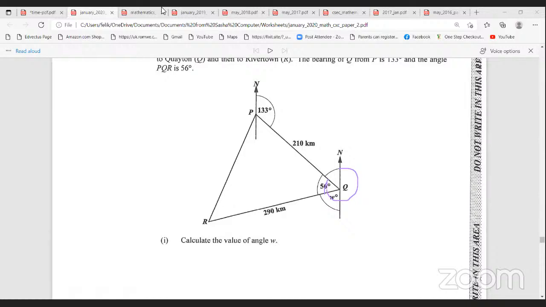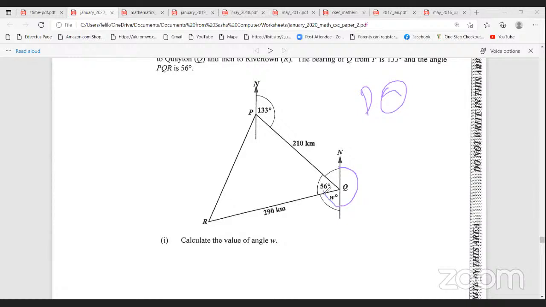I'm not understanding. Your bearing is always from the north line. So the bearing of P from Q means that we're dealing with the line PQ. Your bearing is always from your north line to the line that you're looking at.